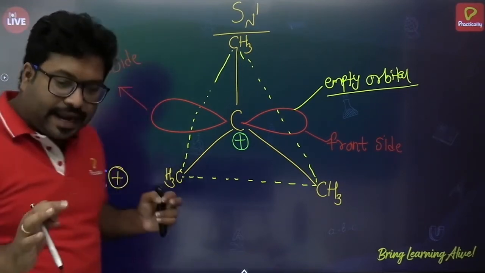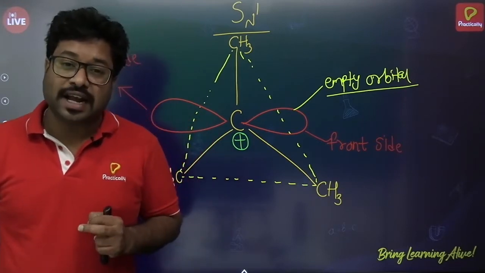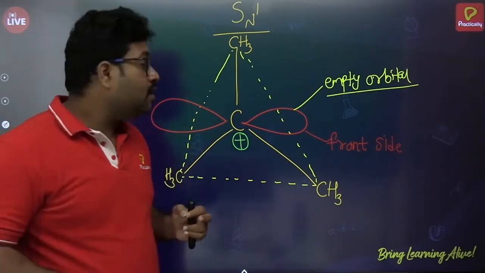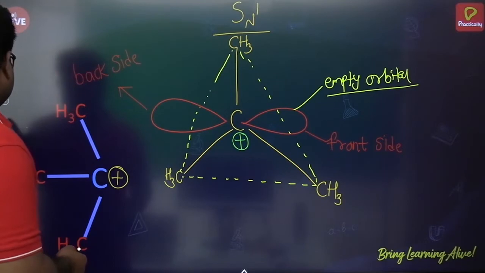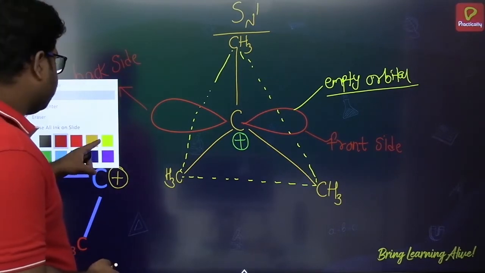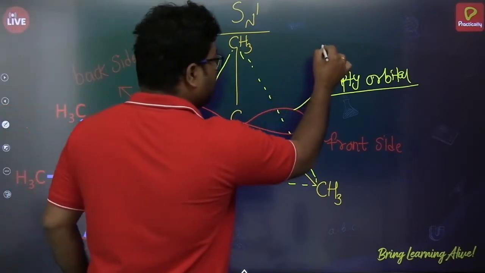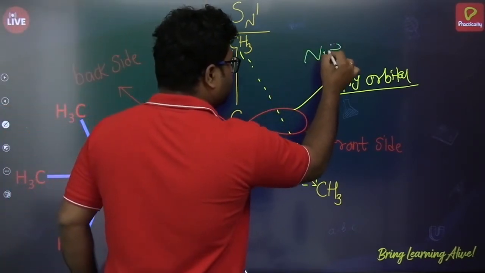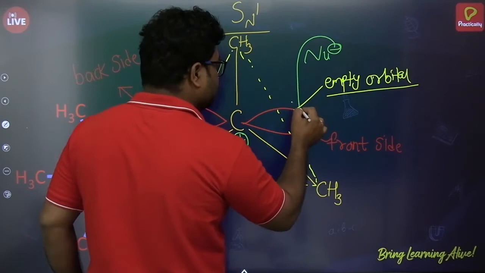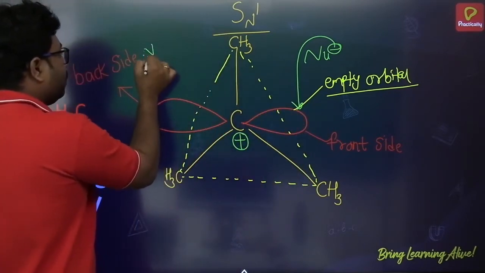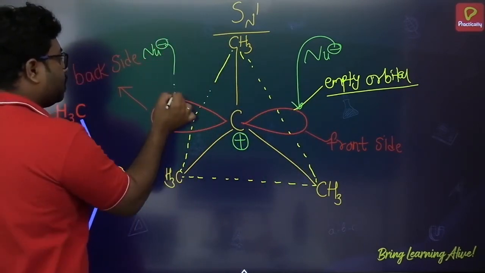Now the attack from both the sides is equally probable. That is what actually happens. Your nucleophile tries to attack from this side, and nucleophile tries to attack from this side also.